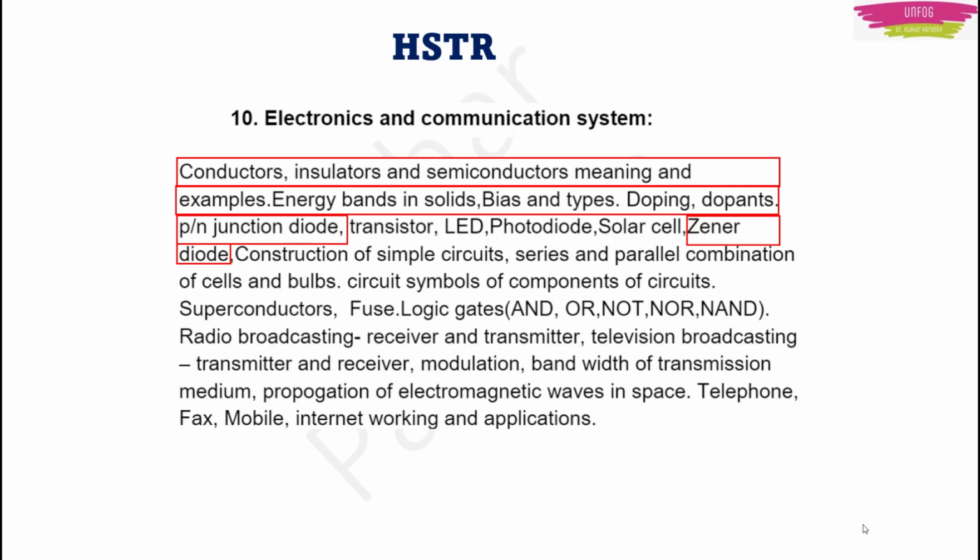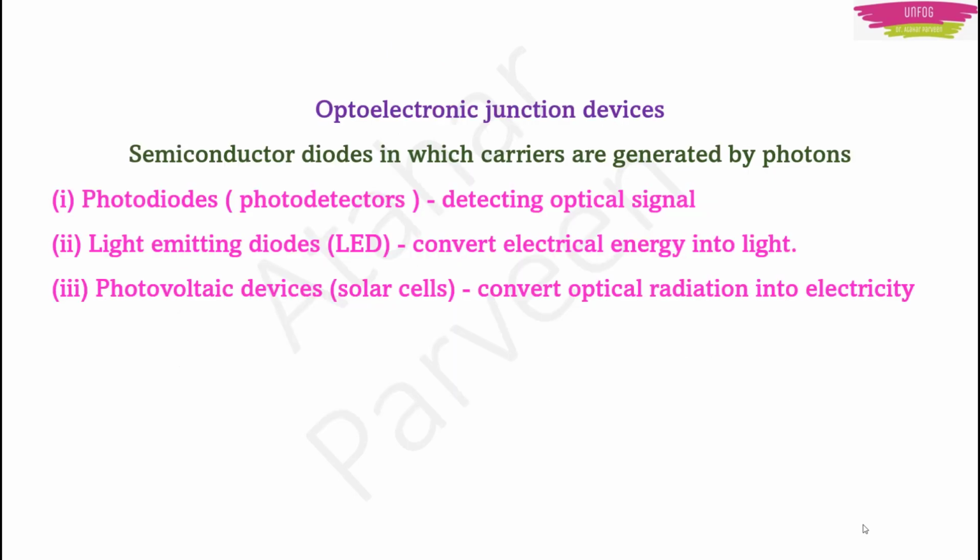Now in this video, I am going to discuss LED, photodiode, solar cell and transistor. Firstly, these LEDs, photodiodes and solar cells all come under optoelectronic junction devices. They are all made of semiconductor diodes, basically a PN junction diode.